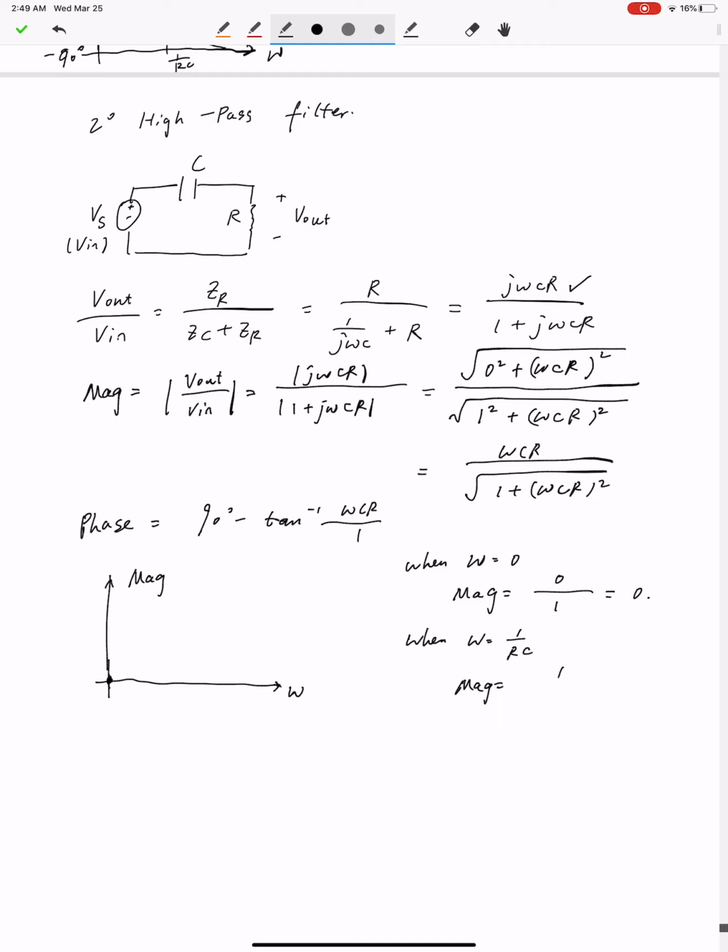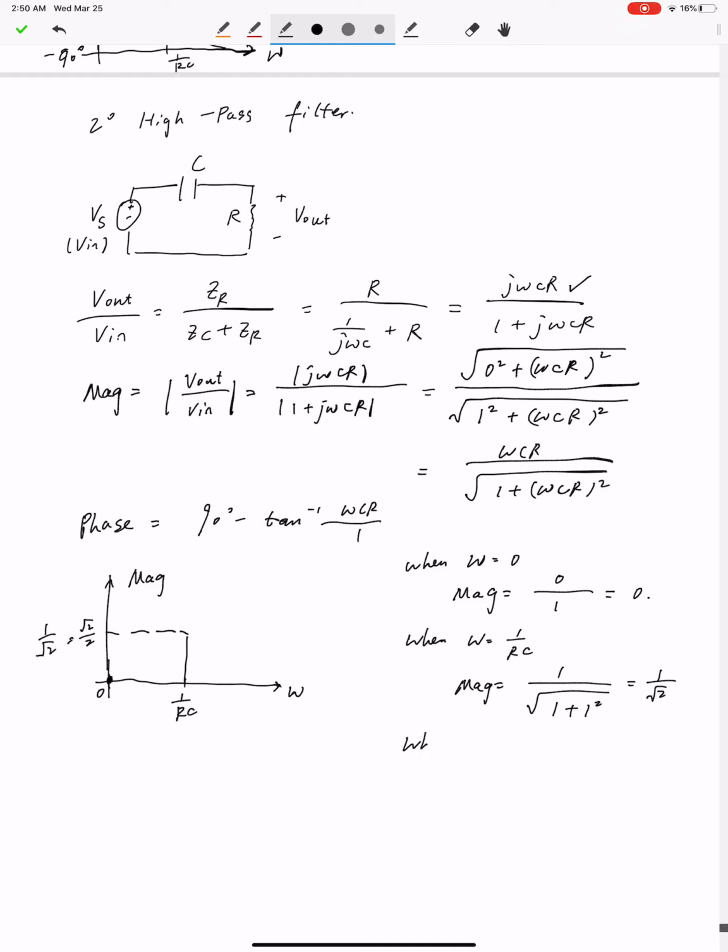Magnitude equals 1 over square root of 1 plus 1 squared, and that is 1 over square root of 2. Right? So you start at 0 when omega equals 0, and when omega equals 1 over RC, the magnitude becomes square root of 2 over 2, which is 1 over square root of 2.